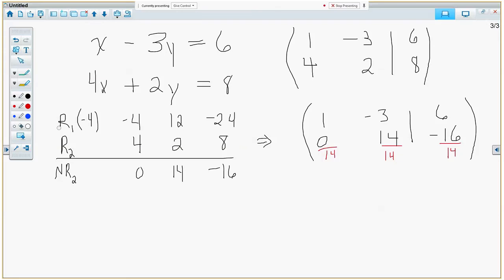And our new matrix is 1, -3, 6, 0, 1, and negative what, 8/7? Y'all check my math.